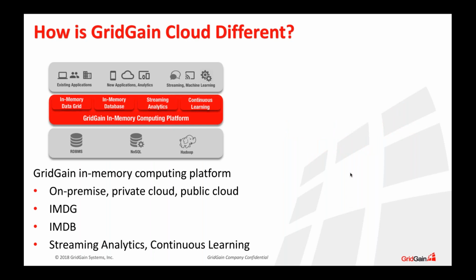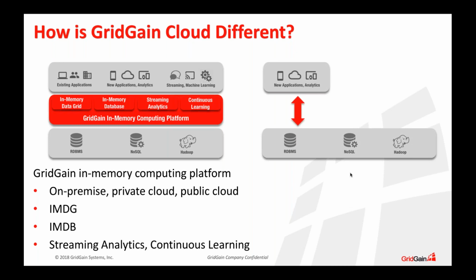You can use it as a full-blown in-memory database with hybrid memory from RAM all the way down to spinning disks. You can use it for streaming analytics, and you can use it for continuous learning. So there are a whole range of use cases where it's really either sitting in between the applications and databases, or it's storing things and doing compute.